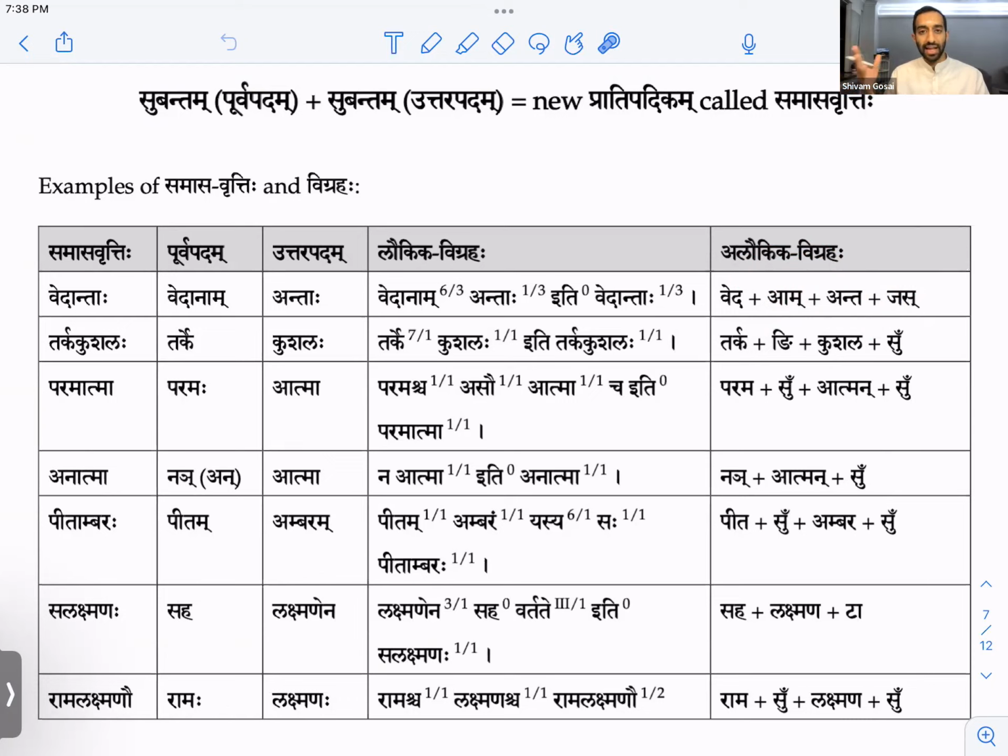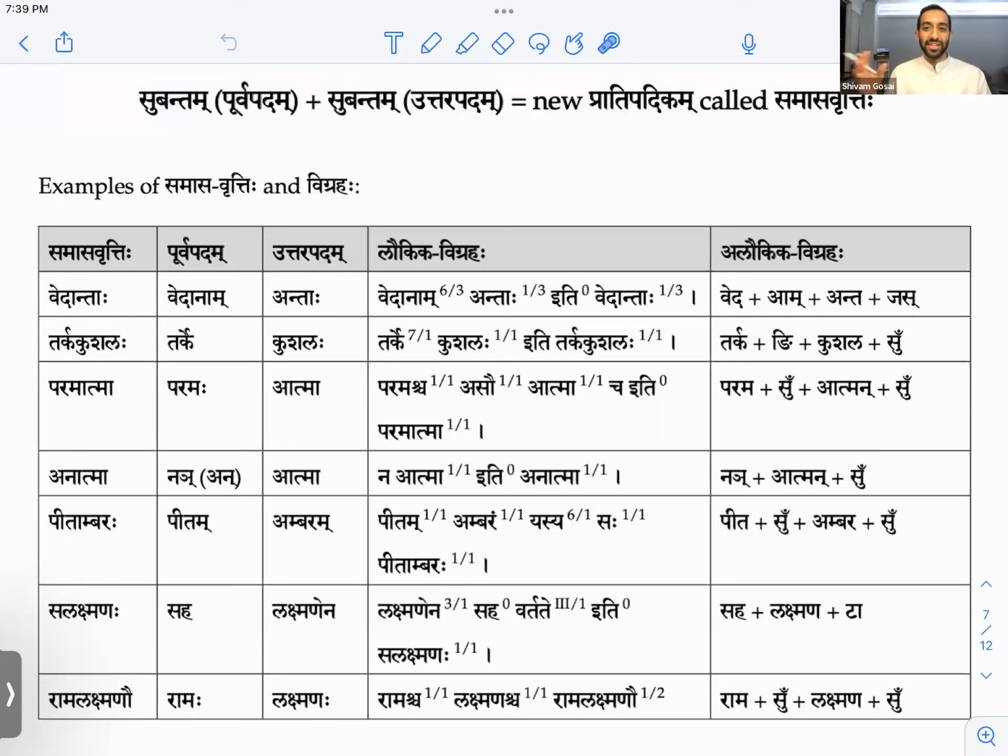Then we can decline that word. We have to re-add the pratyaya to make Vedantaha. So is Vedantaha a Samasa vritti? Technically just the pratipadika is called a Samasa vritti. But when we make the word Vedantaha, it's a new subantam, but teachers will still call this a Samasa.